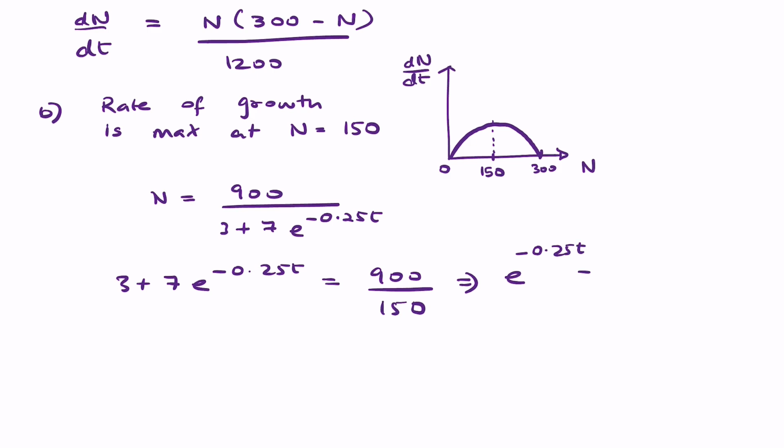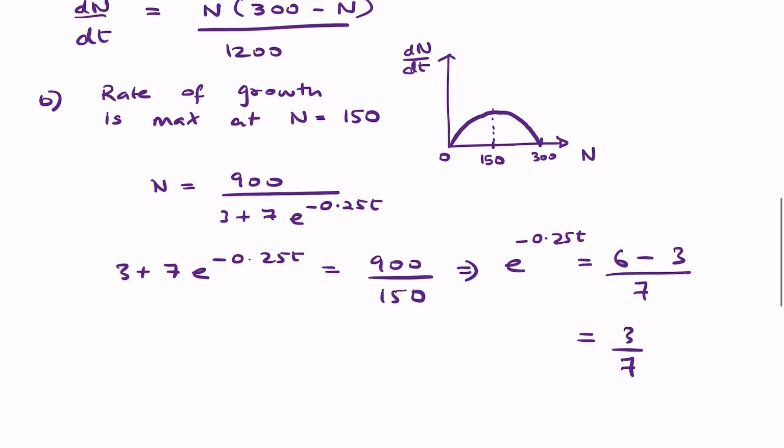I can do it in as many steps as I want, so I can now take away 3 from both sides, so this is 6, and then divide by 7, so right here, it's 6/7.